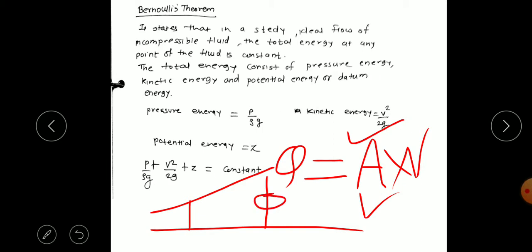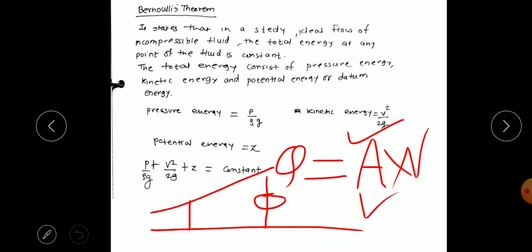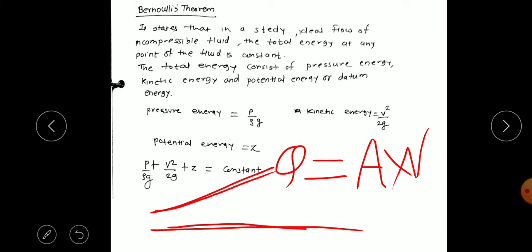This kinetic energy is converted into pressure energy at this point. So along this flow, pressure goes on increasing and velocity goes on decreasing if the area is increasing. If the section has increasing diameter, there is a conversion of velocity into pressure head.